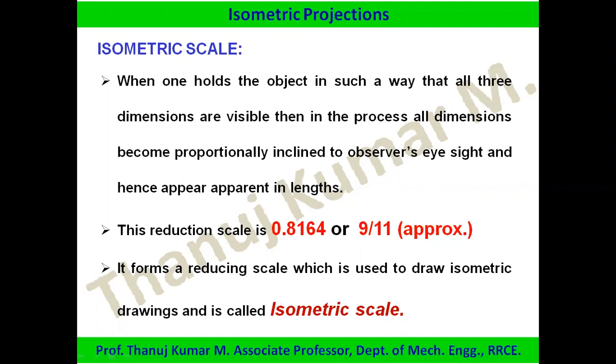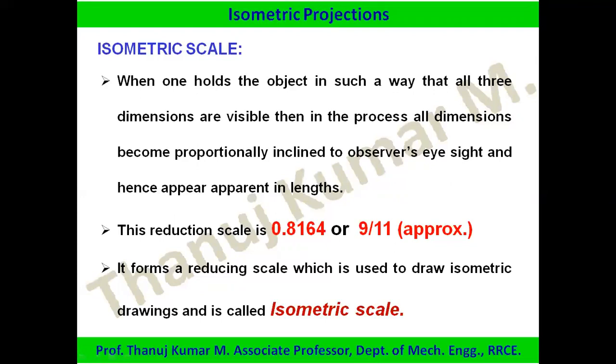When you draw exact dimensions of the object with the same angle, 120 degrees each, on all three coordinate axes, drawing the exact shape and size of the object, that is called an isometric view. Whereas isometric projection is the projection drawn of the object.